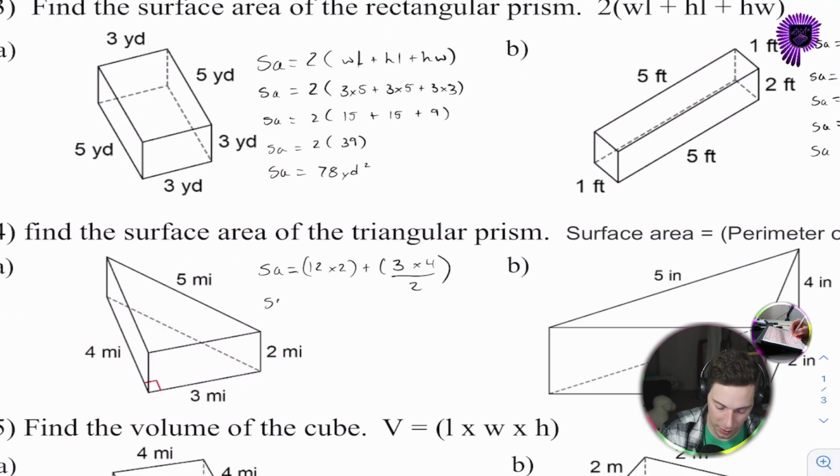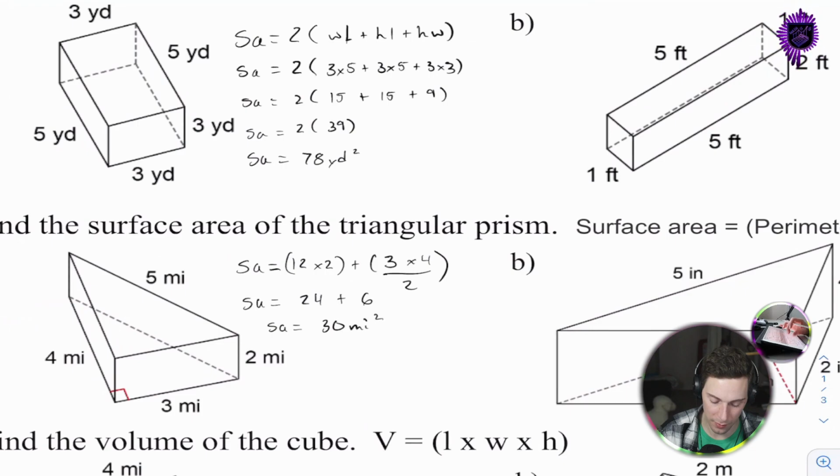So our surface area is going to be equal to 24 plus 6. Our surface area is equal to 30 miles squared. Oh, times 2. Sorry, that's not right. Take some back steps here.